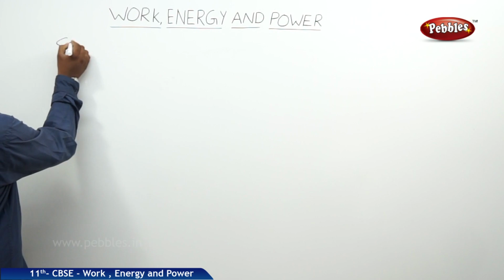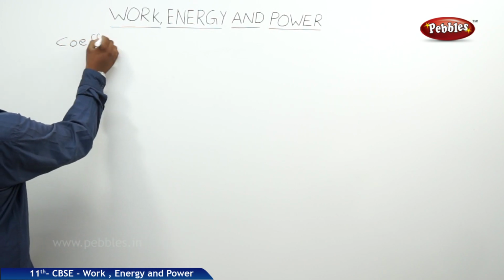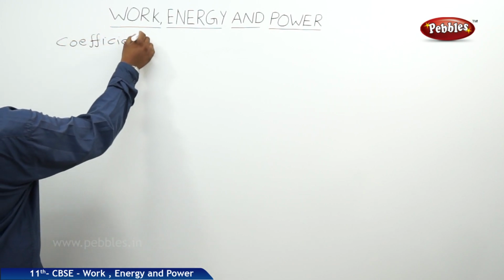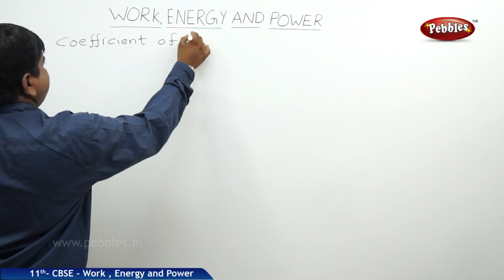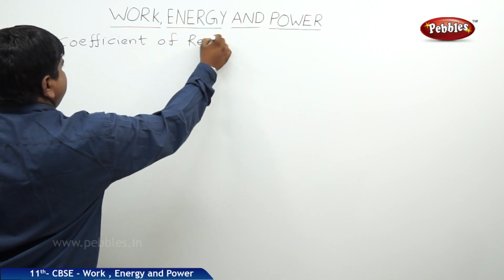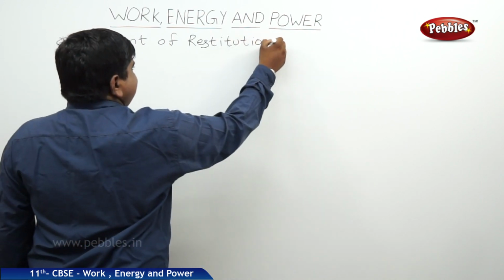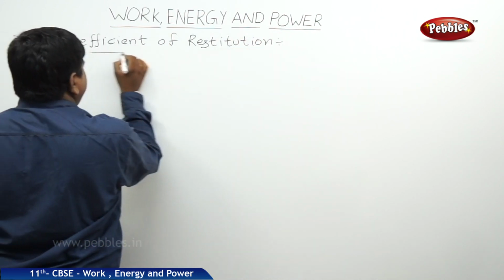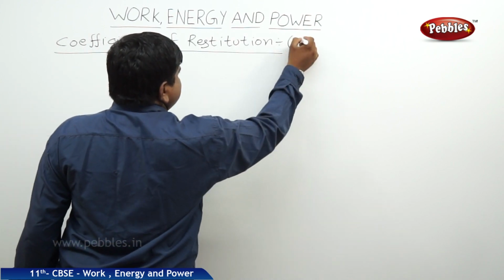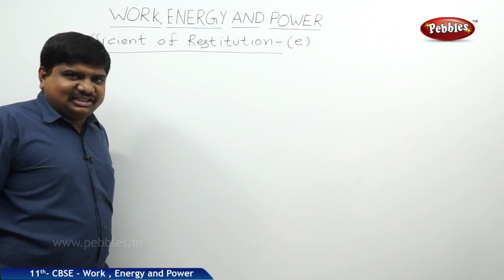The next concept we should discuss is the coefficient of restitution. It is represented by small e. Small e is the symbol to represent the coefficient of restitution.